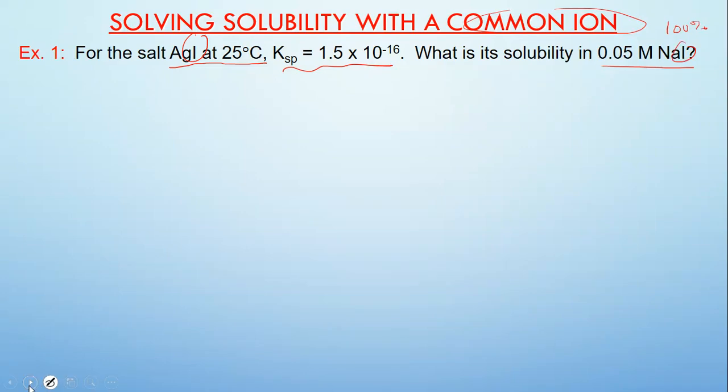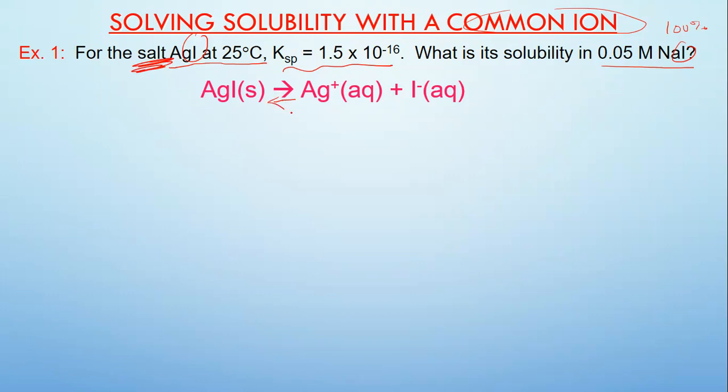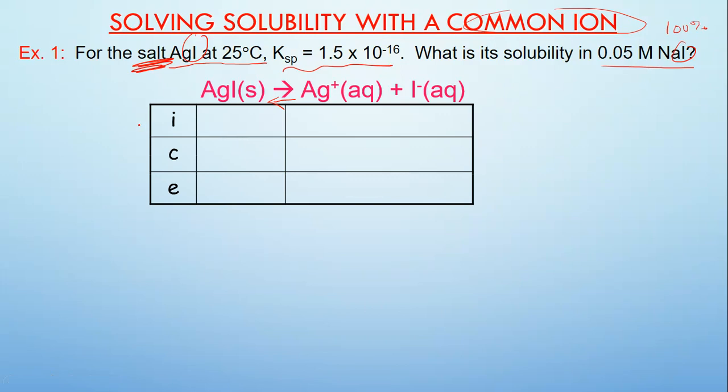All right, so let's take a look at this. You would first go to your slightly soluble salt. That's the one you want to write your reaction with, and this would be an equilibrium. You're going to dissociate it. Now you're going to write your ice table out, and remember that the solids are ignored, so we're not going to put anything here, here, or here. And here, normally we go 0, 0, but since we have sodium iodide, common ion, it dissociates 100%.